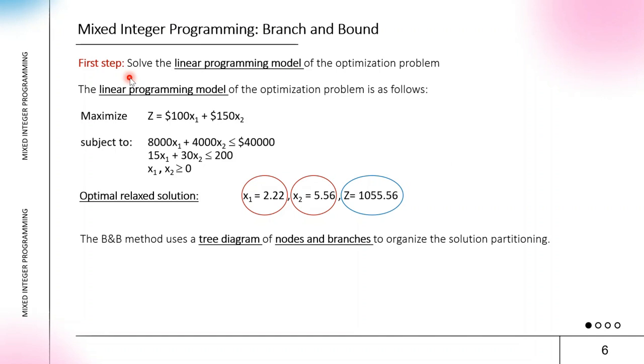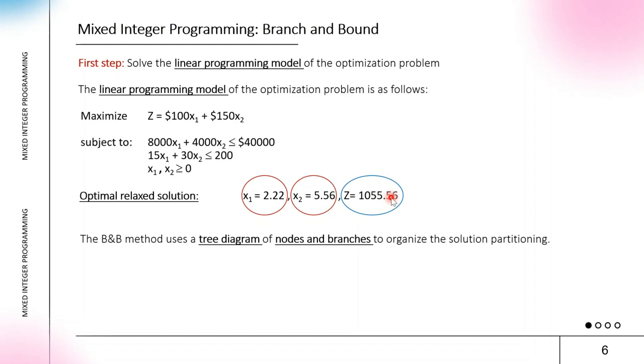As we can see from here, in the optimal solution, x1 is 2.22, x2 is 5.56, and the optimal objective value is 1055.56. This solution gives the upper bound of the objective function even if it's not an integer.